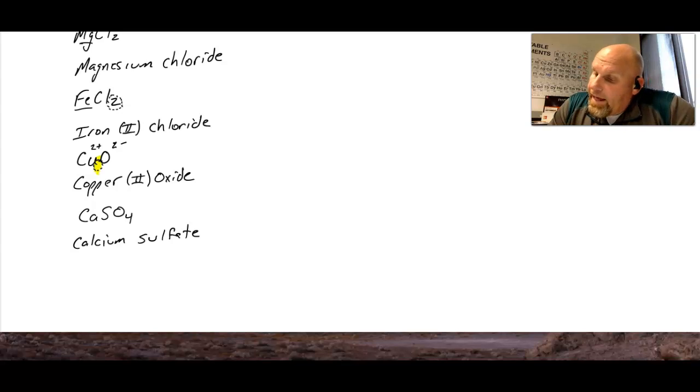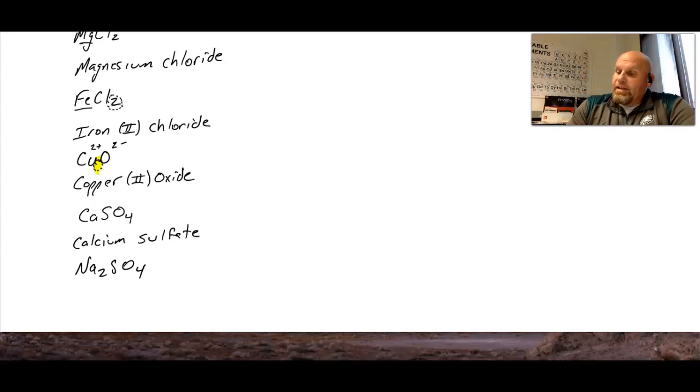I could have had Na2SO4. Doesn't really change anything for me here. The fact that the 2 shows up shouldn't be unexpected, because in the last example, calcium's 2+, sulfate is 2-, so they canceled out. Here, sodium is 1+, sulfate's still 2-, and so I get sodium sulfate.